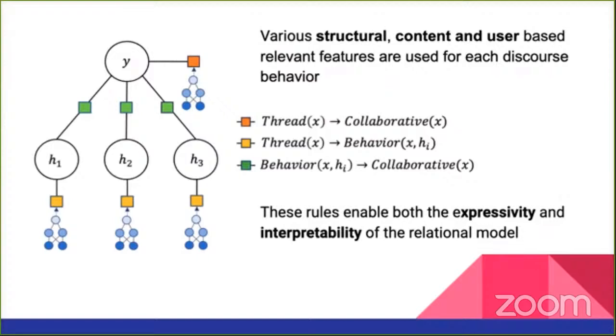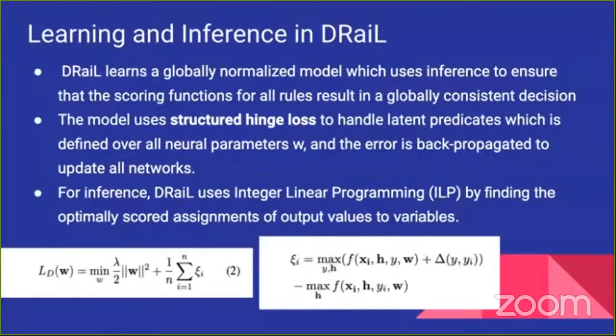Various structural, content, and user-based relevant features are used for each discourse behavior, and each of these rules has an associated neural network that is used to learn parameters of a scoring function that is used to enable or disable that behavior. These kinds of rules enable both the expressivity and interpretability of the relational model. Talking about learning and inference in DRaiL, DRaiL learns a globally normalized model which uses inference to ensure that the scoring functions for all the rules result in a globally consistent decision.